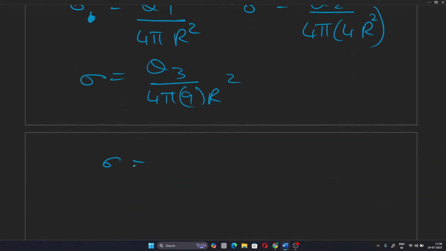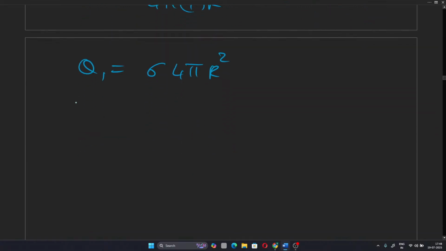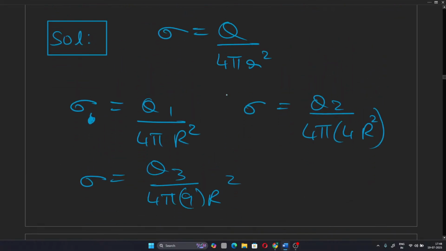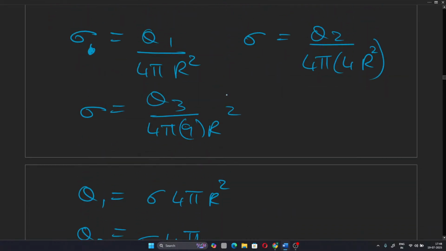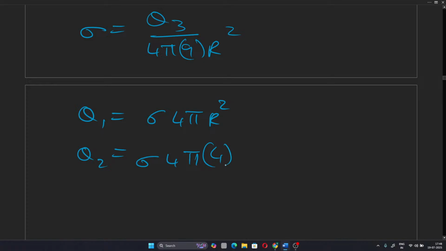So q1 equals sigma 4 pi r square, and q2 equals sigma 4 pi 4r square, and q3 equals sigma 4 pi 9r square.